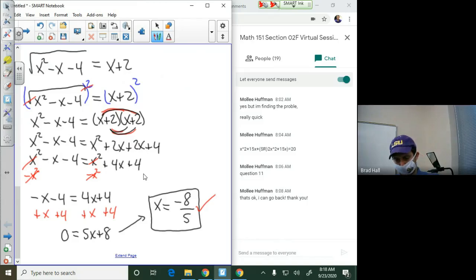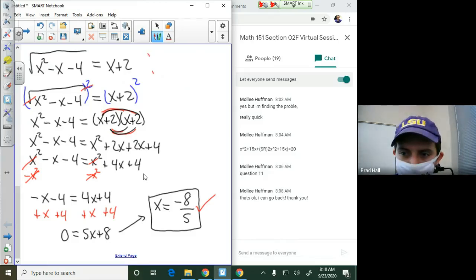So in general, you would have to check these, but what I'm trying to allude towards is that this is one of those tricky workbook problems where checking that's going to be a hassle. And you don't have to check it for the workbook, in other words. But in general, you would need to check these, which means you'd have to plug in that negative 8 over 5 or whatever number you get into every x to make sure that the left-hand side of the equation matches the right-hand side.